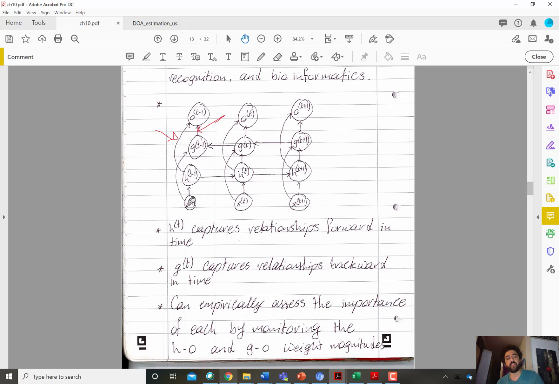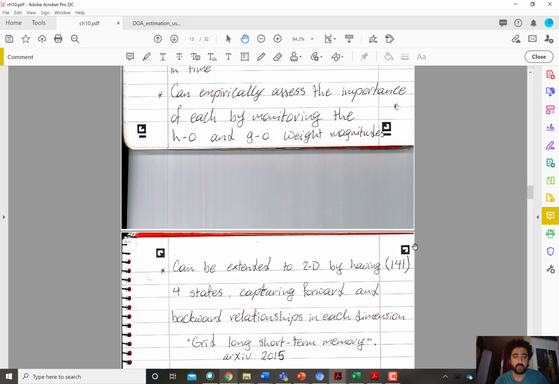So if at a given time step G is overwhelmingly affecting the output, then the relationships going backward in time are the ones that are determining the output. If H is overwhelmingly determining the output, then basically the causal relationships are the ones that are determining the output.